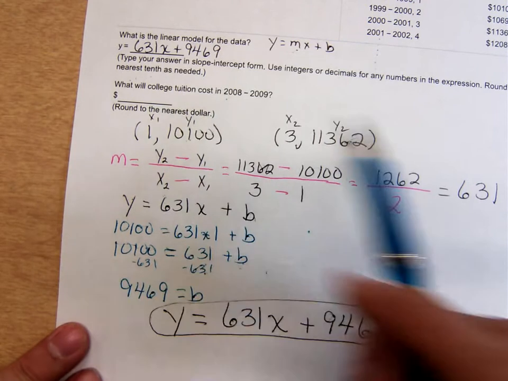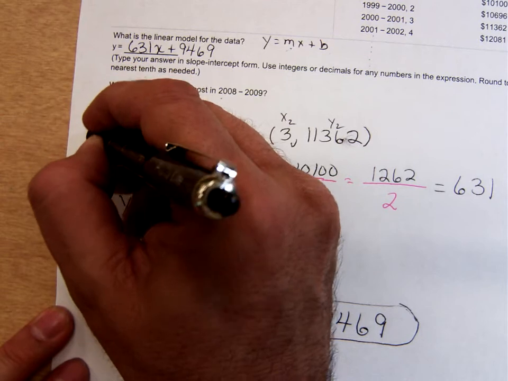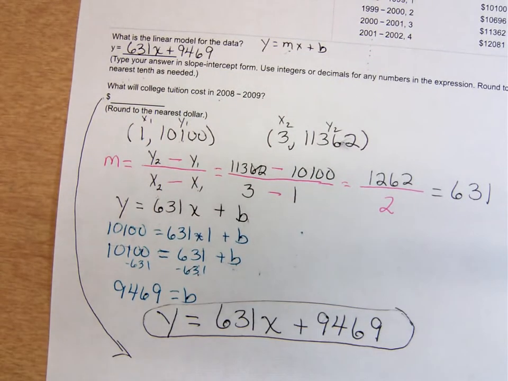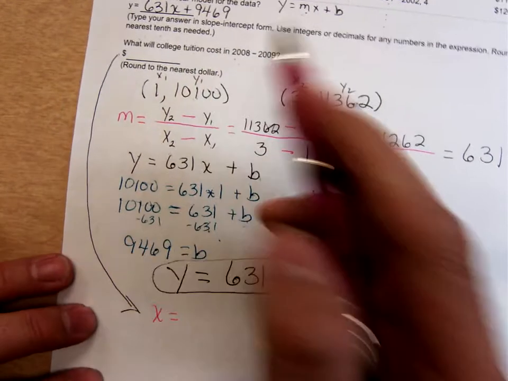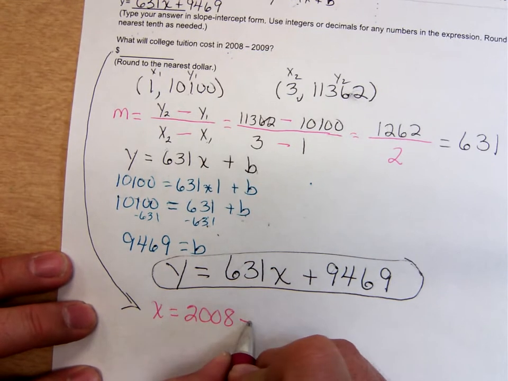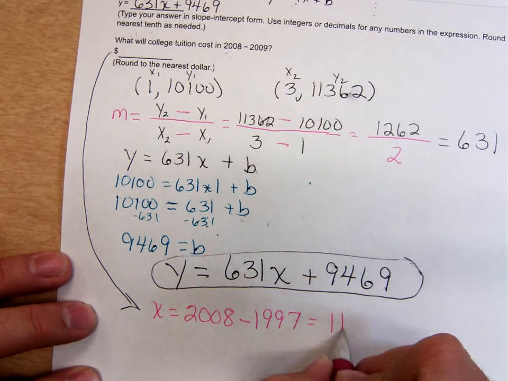Now my year, the question's asking about the year 2008. Yours is probably going to be a different one. But to answer that, you calculate your X by subtracting 1997 from your year. 2008 minus 1997 is 11.